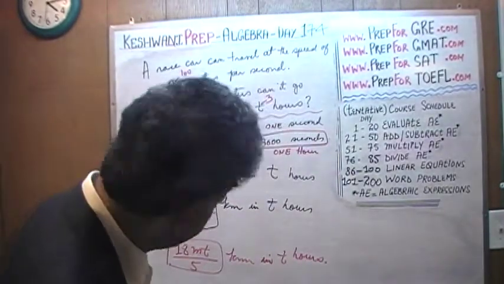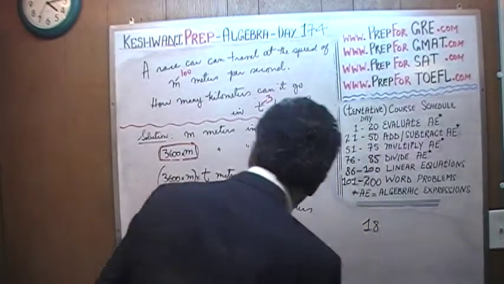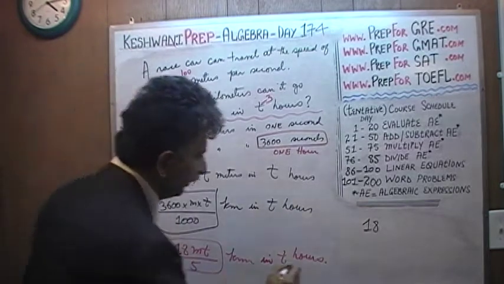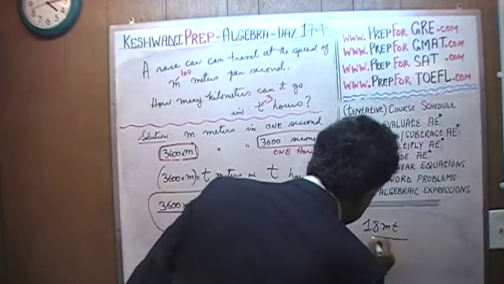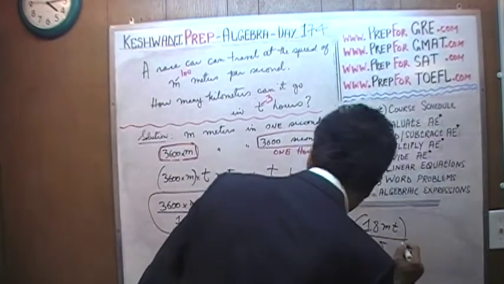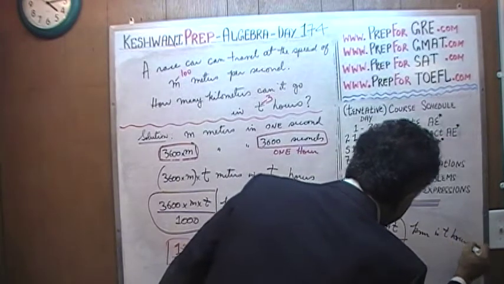Our answer is 18 times m times t over 5 kilometers in t hours.